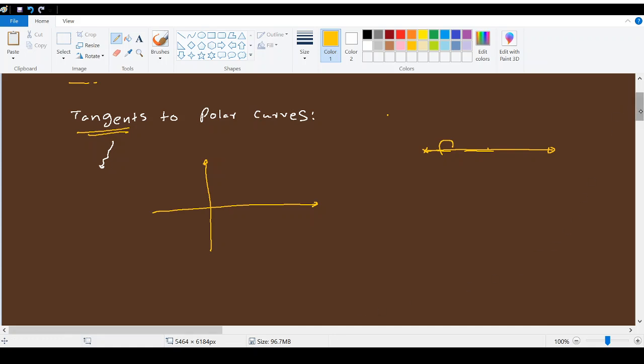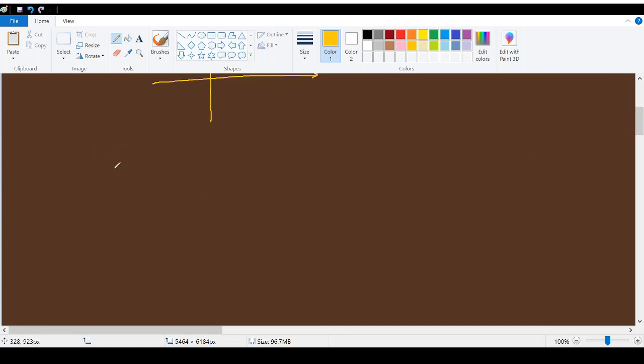So from here onwards, we are dealing with the polar coordinate system which is placed on the positive x-axis of this Cartesian plane, right? So differentiation will make sense when we do it this way.